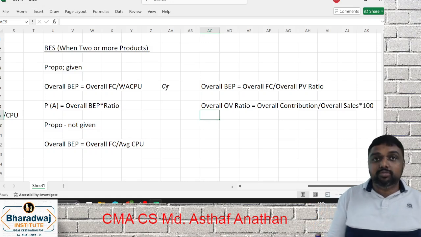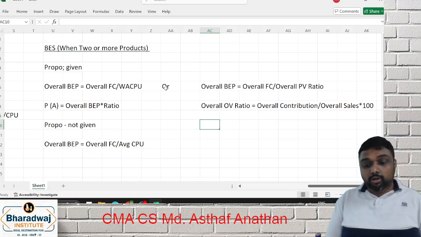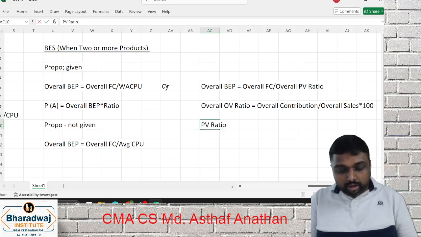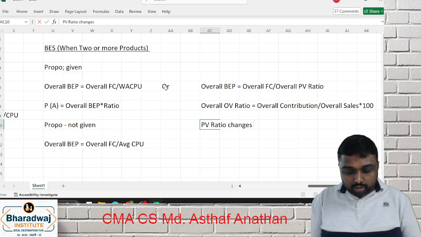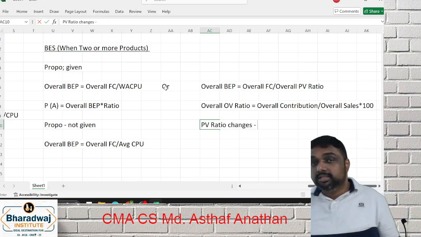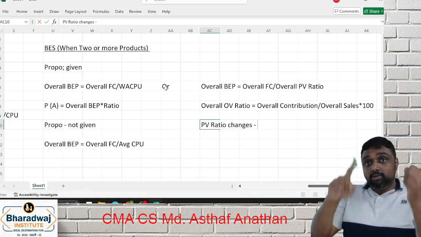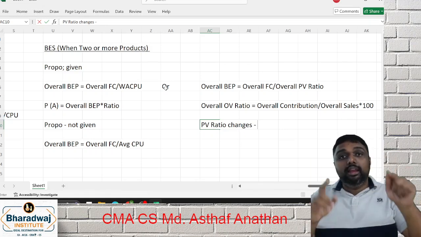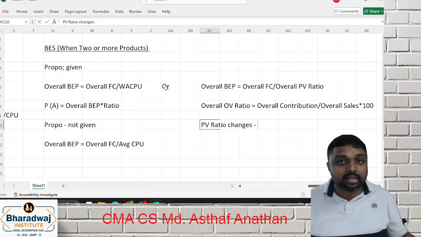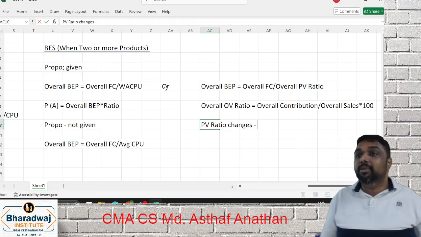A different reverse way you can also do it. Another very important point: when and all the PV ratio changes. This is very interesting. See, some friends, what will happen? They'll give year 2011 data and ask you the answer for year 12. You can't take the 11 PV ratio of 20% as given. That doesn't mean that next year also you get the same 20%. So PV ratio will change.